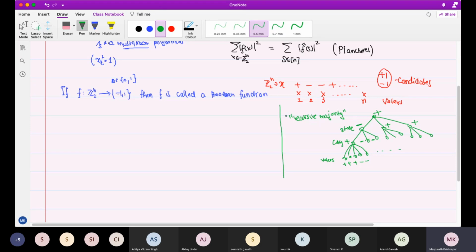context. But so majority is one, dictatorial function is one where f of x is x1. So that's a dictator function, meaning whatever the first voter says goes.